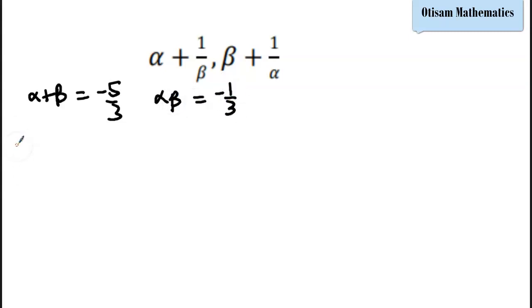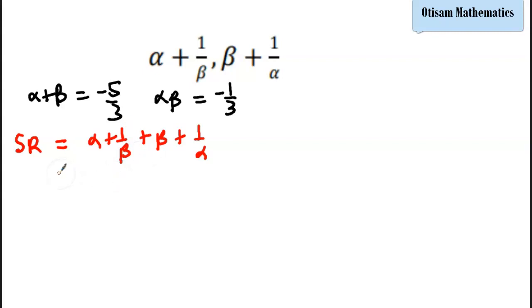So let's look at the sum. So sum will be alpha plus 1 over beta plus beta plus 1 over alpha. Remember, always you are expressing the symmetric function in terms of alpha plus beta and alpha beta.